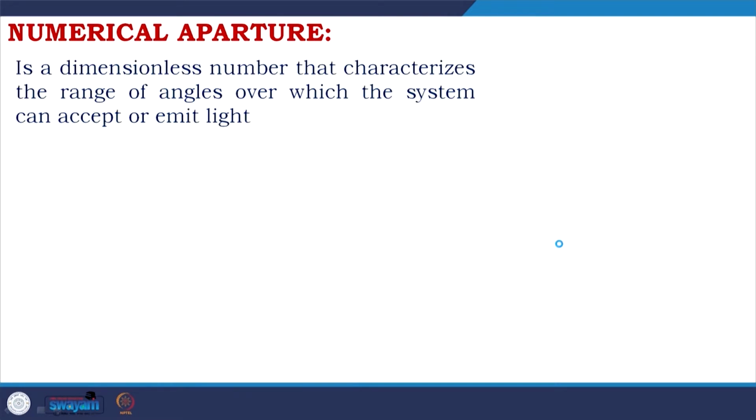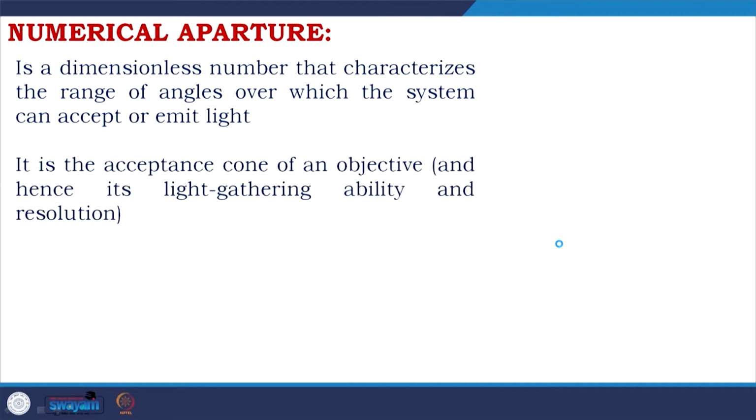Numerical aperture is a dimensionless number that characterizes the range of angles over which the system can accept or emit light. It is the acceptance cone of an objective and hence its light gathering ability and resolution.